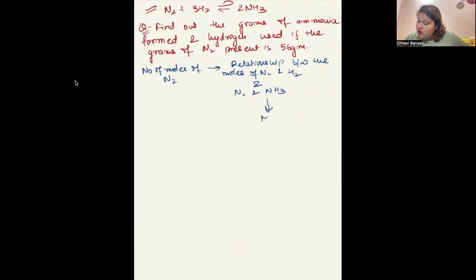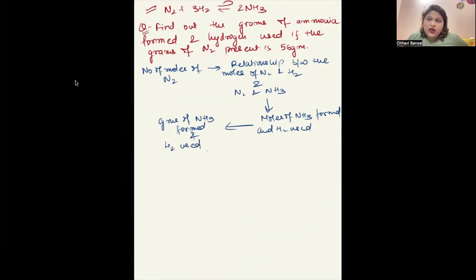Then moles of NH3 formed and H2 used, right? And what would be the last step? Grams of NH3 formed and H2 used, right? This is correct. Now let's find out.